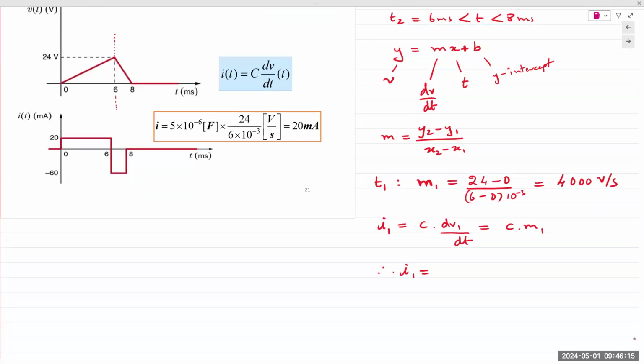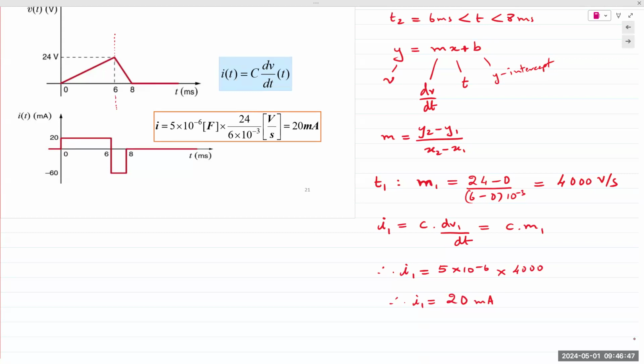Therefore, I1 is 5 into 10 raised to minus 6 times 4,000. 5 into 4 is 20, so 20,000 times 10 raised to minus 6, which is 20 milliamps.